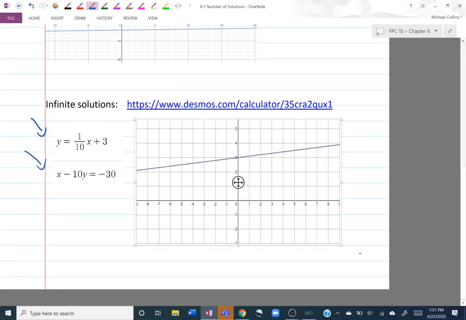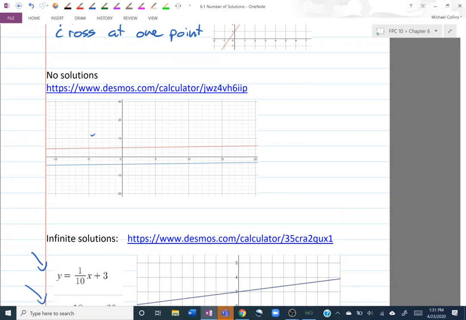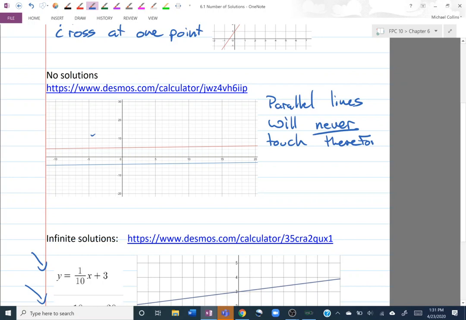I might actually just go down and write down a couple of notes in case someone can't hear me and actually has to read these over. So I will write down: parallel lines will never touch. Therefore, the system has no solutions.